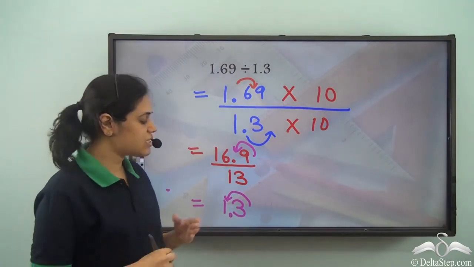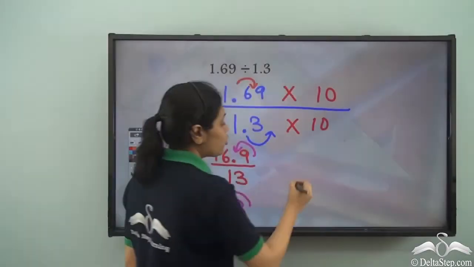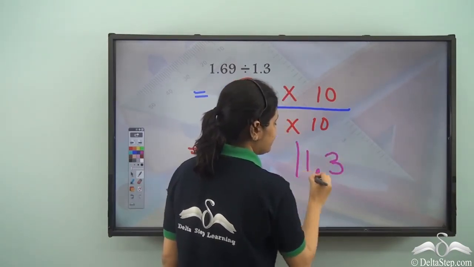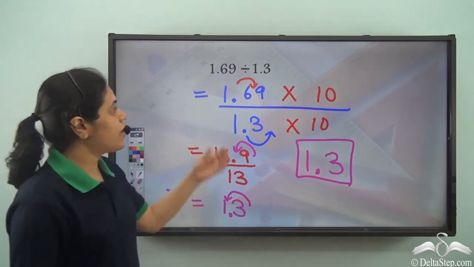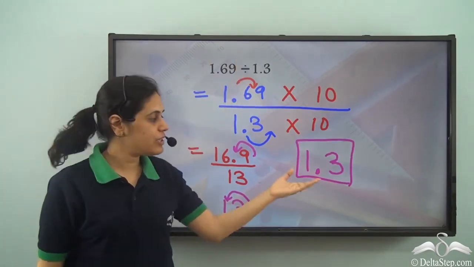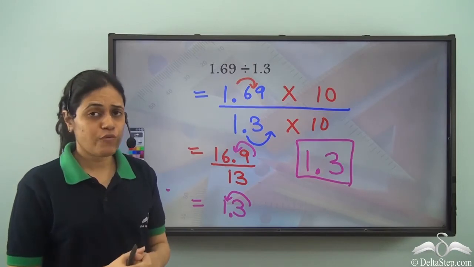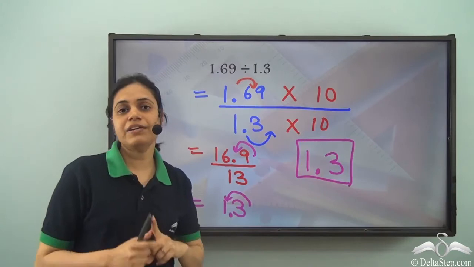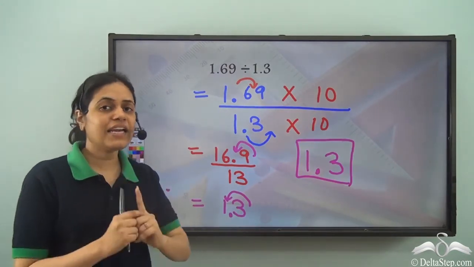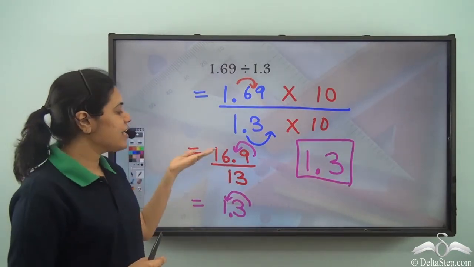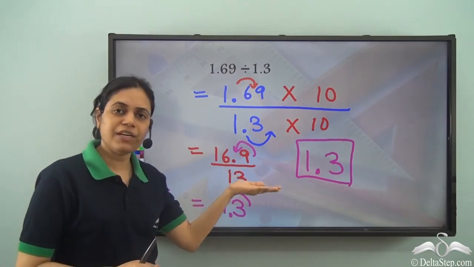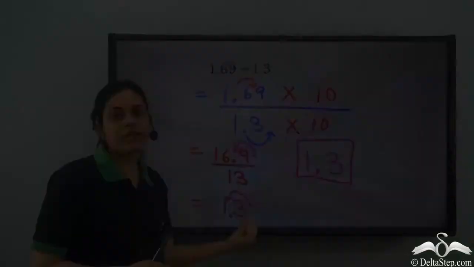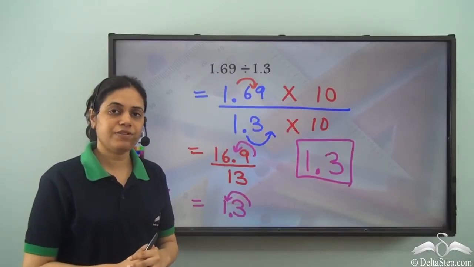So the quotient is 1.3. So 1.69 divided by 1.3 is 1.3. So when there is a decimal point in the divisor, I need to multiply it with the right power of 10 and get rid of it first. And if there is a decimal point in the dividend, I can divide, but I need to put the decimal point accordingly in the quotient as well.